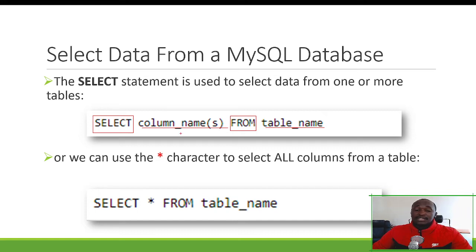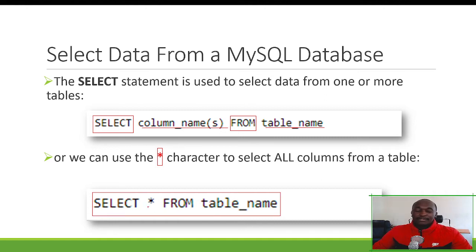Now, if you want to retrieve data from all the columns in the table, then you use an asterisk, like in this example here. So select all columns from some table.